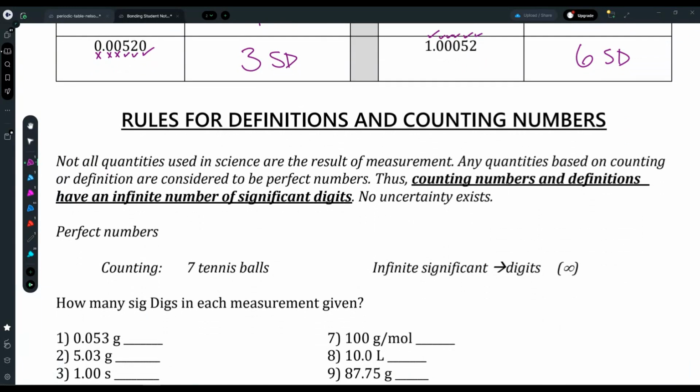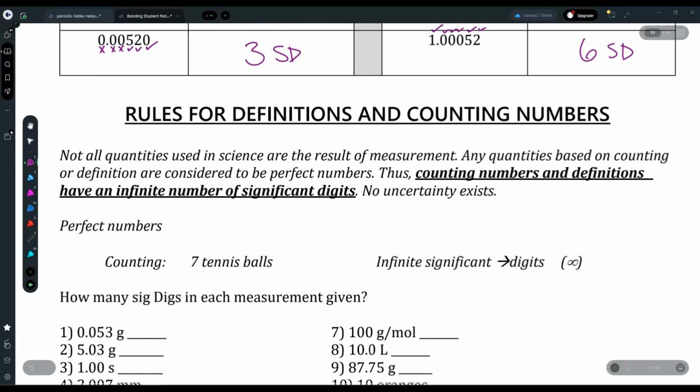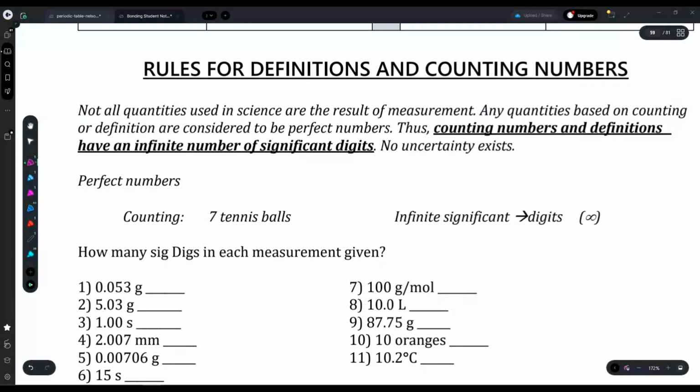All right, so not all quantities used in science are a result of measurement, and any quantities based on counting or definition are considered to be perfect numbers. Okay, therefore, counting numbers and definitions, they're going to have infinite amount of sigdigs and no uncertainty exists. Okay, so what does this mean for you?